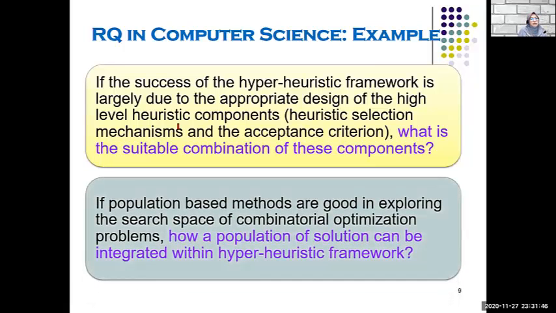If population-based methods are good in exploring the search space of combinatorial optimization problems, how can a population of solutions be integrated within the hyperheuristic framework?